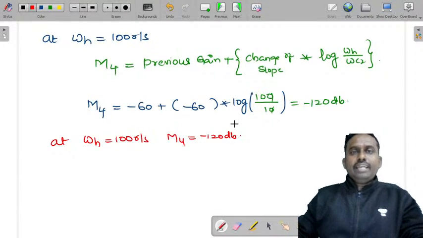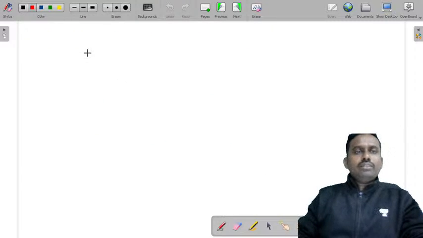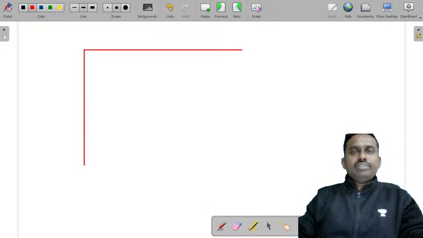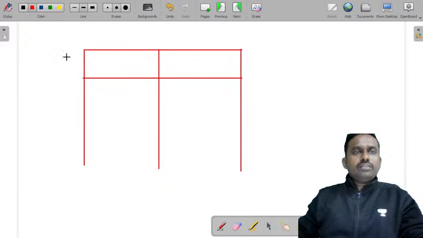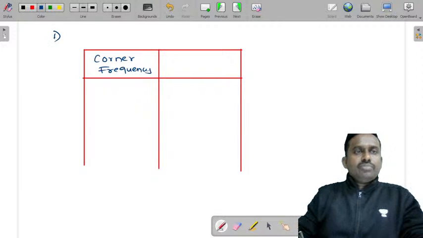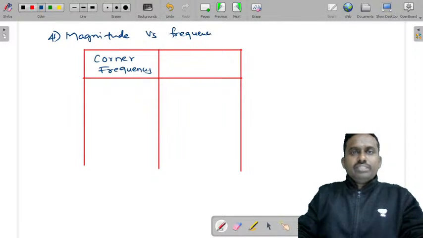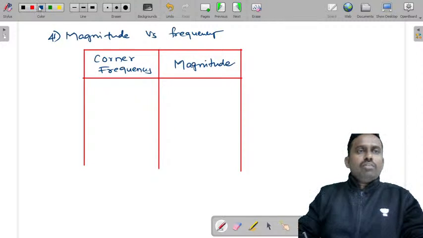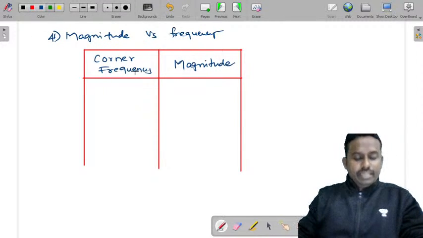Yes. Now just make a table and write all these values in one table, so that it will be easy for us while plotting the graph. This is the magnitude versus frequency table: corner frequency in radian per second, and magnitude, which you can also call A or M, in dB.